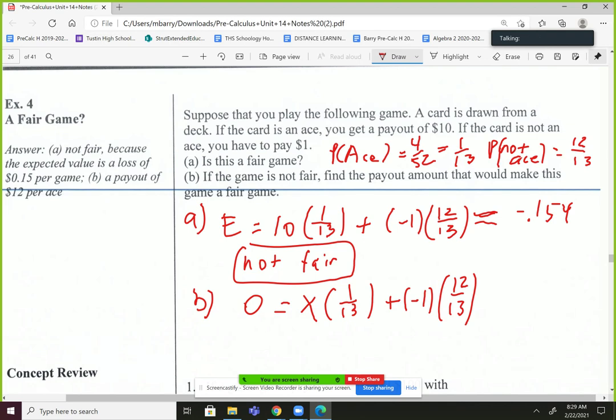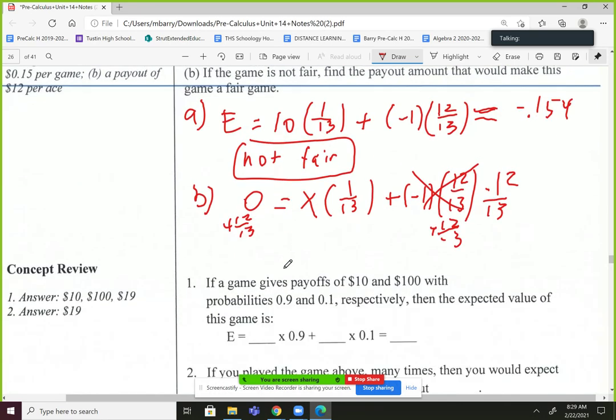So we're going to solve this for X. I'm going to multiply negative 1 times 12 over 13, which is just negative 12 over 13. I'm going to add that over to the other side. So we have 12 over 13 equals X times 1 over 13.